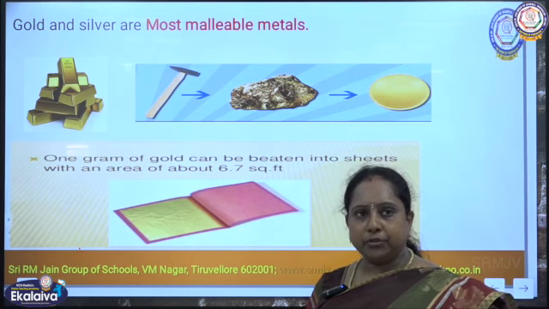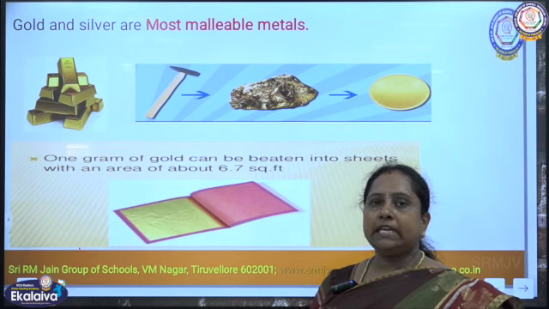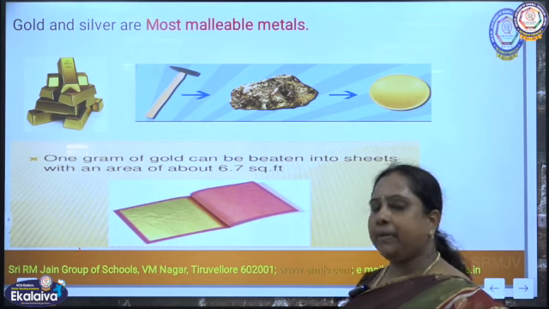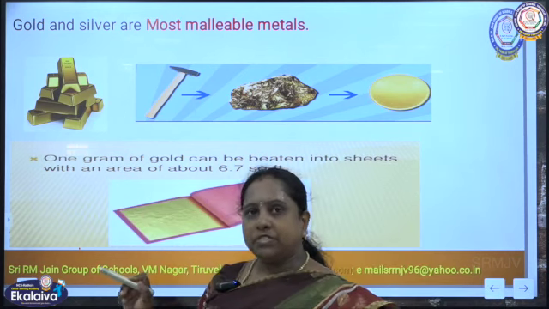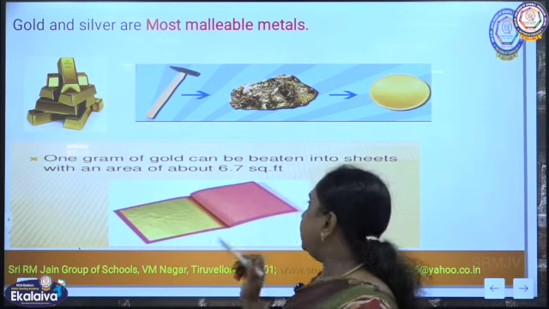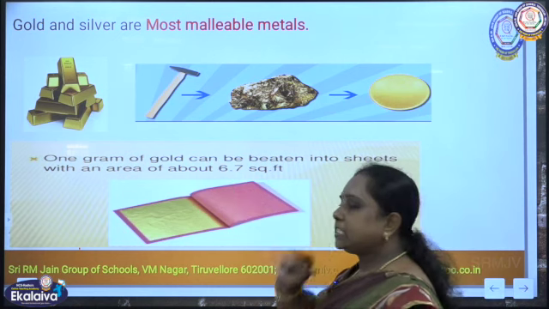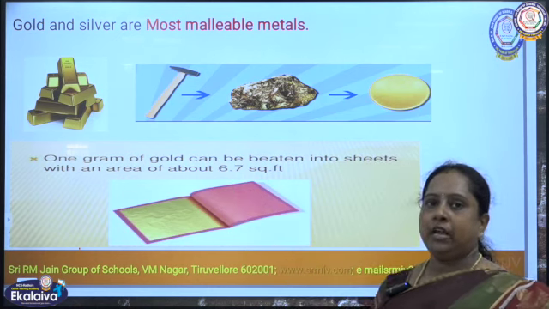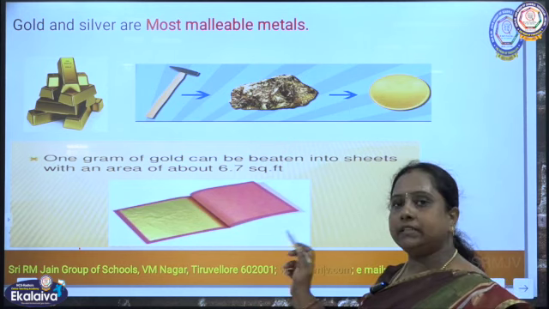It can be made into a thin sheet, and whatever shape we need, it can be molded into that particular shape. Just 1 gram of gold can be beaten into a sheet with an area of about 6.7 square feet. That much of a sheet we will get by hammering the gold metal.